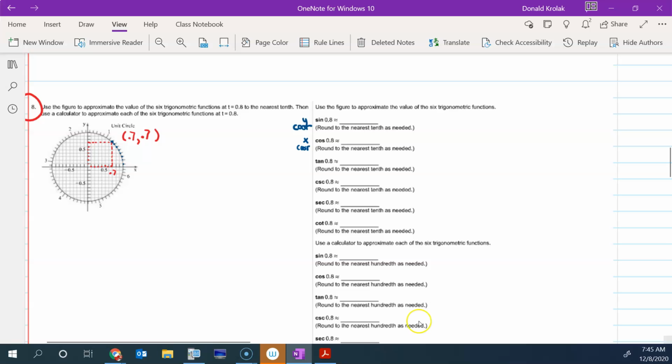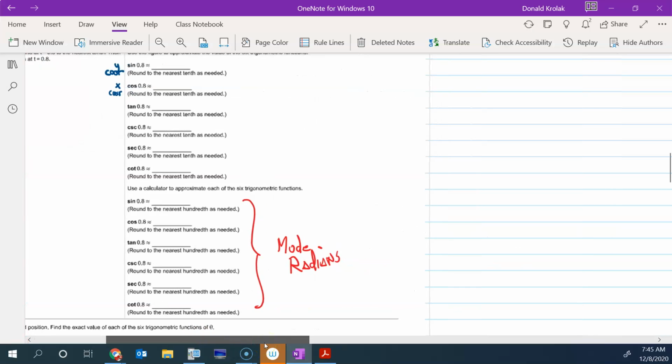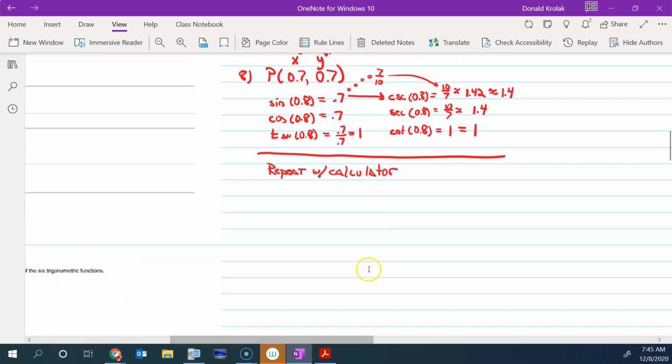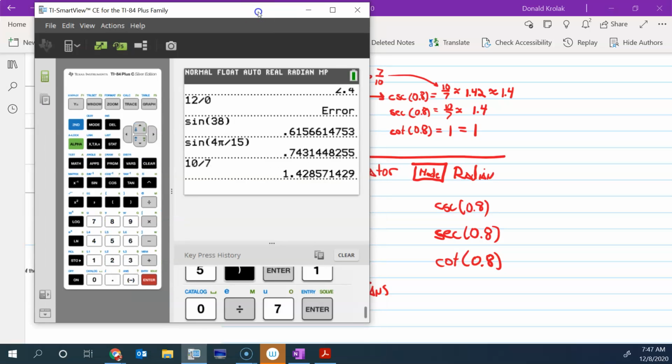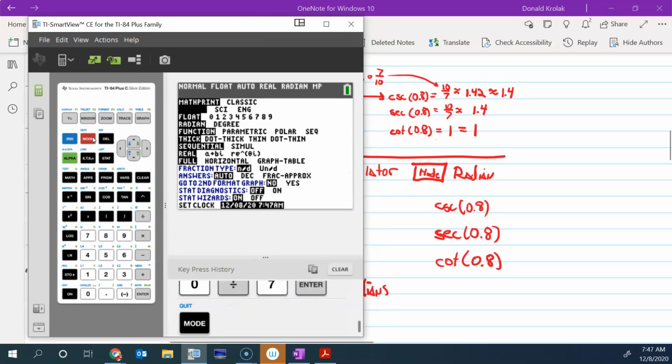So keep in mind on this question, make sure your mode is radians. And now it's just a matter of typing it in and rounding it to 2 decimal places. Okay, so I'm going to set my calculator at rads. So I go mode, radians, it's highlighted, so I'm good to go.